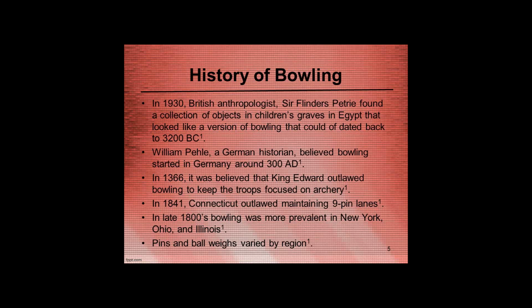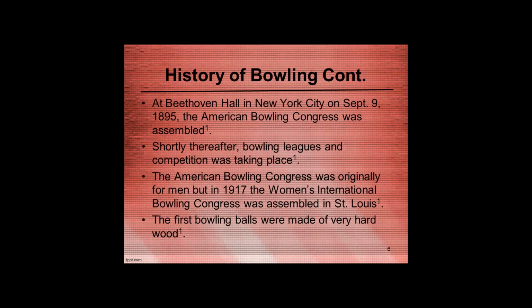And then in 1841, Connecticut outlawed maintaining 9-pin lanes. In the late 1800s, bowling was most prevalent in New York, Ohio, and Illinois. Pins and ball weights varied by region at that time. And then on September 9th of 1895 at the Beethoven Hall in New York City, the American Bowling Congress was made.